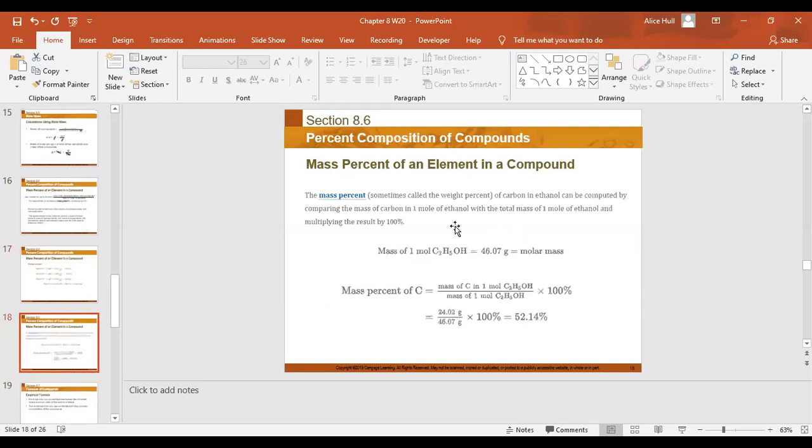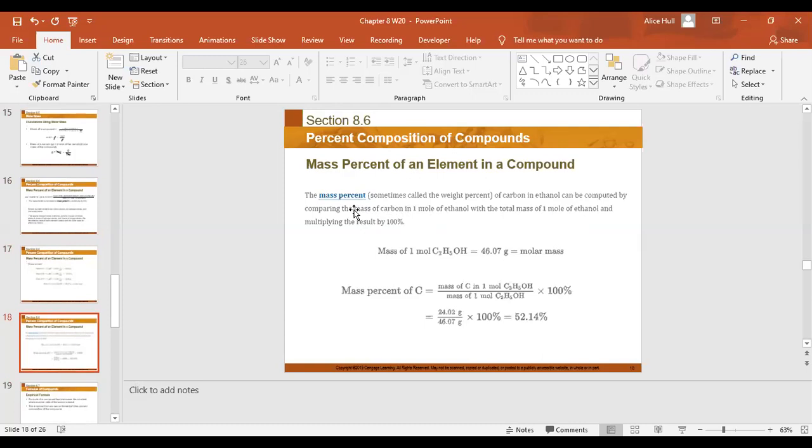Okay. To find the mass percent, now this is another one of your key terms, it's also called the weight percent, of just one of the elements in there. So let's just look at the carbon in the ethanol. We want to figure out what is the mass percent of carbon in this overall molecule.